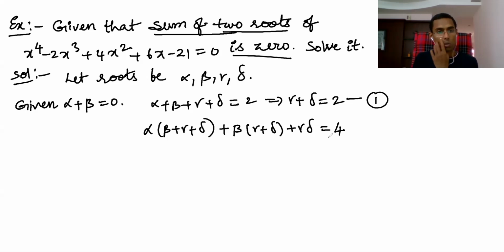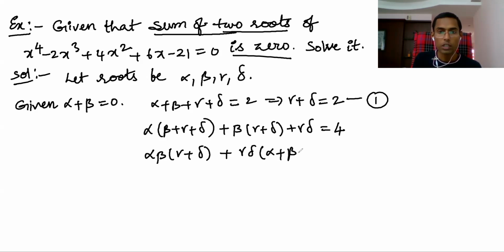From this, we can substitute alpha plus beta. If you take gamma common, you get alpha plus beta. But another is there, the sum of the roots taken 3 at a time: alpha beta into gamma plus delta, plus gamma delta into alpha plus beta, equal to minus 6.